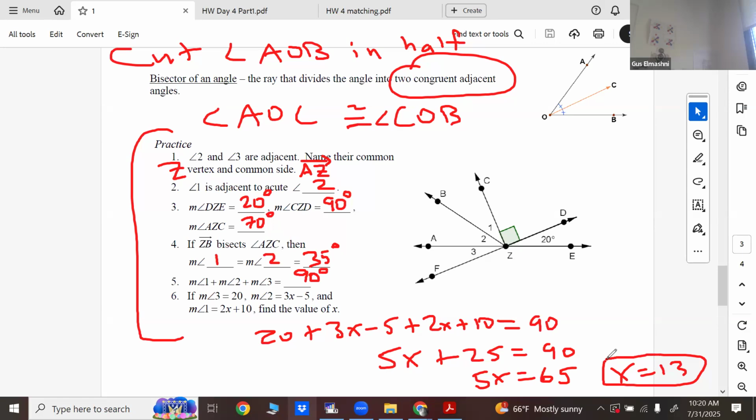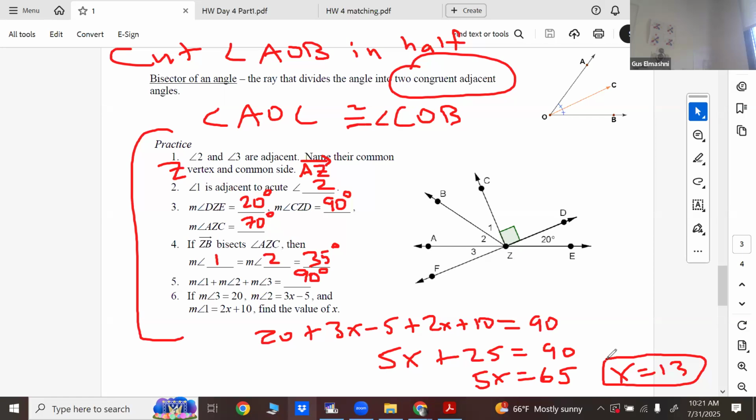Now let's look at measure angle VCP. That's 20 and 90, right? So we're supposed to be calculating what the numbers are. If I tell you 90 degrees, AZC, half, that's 70.